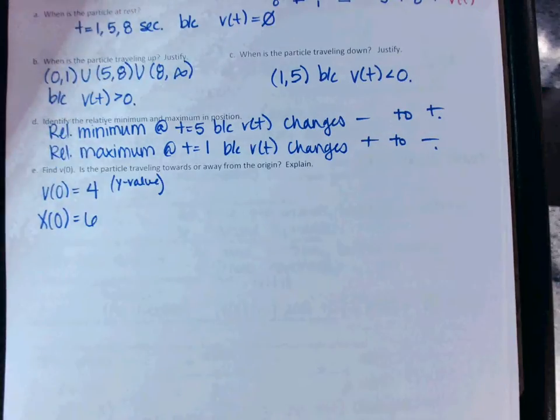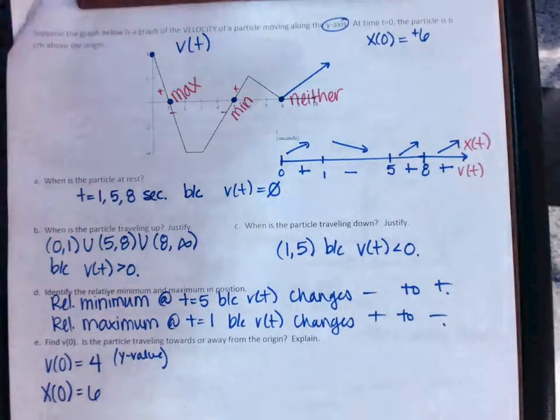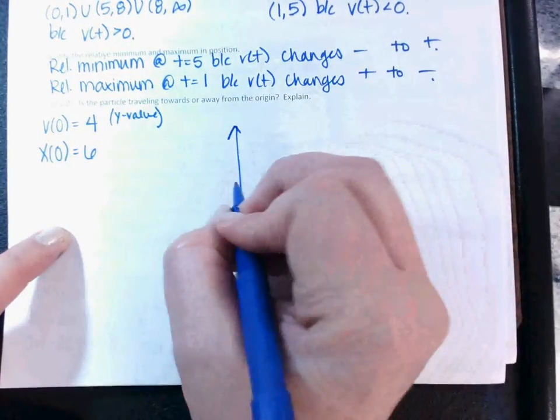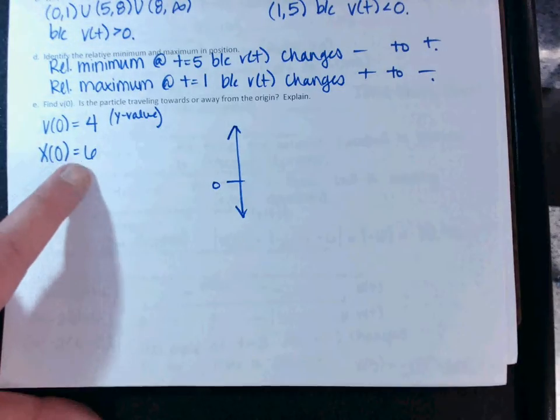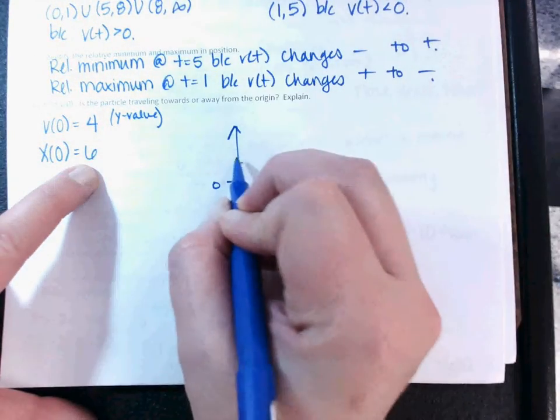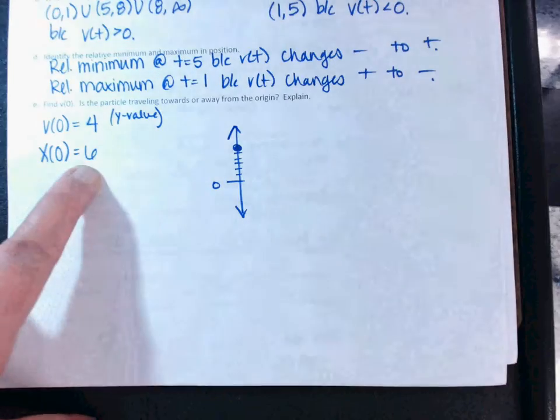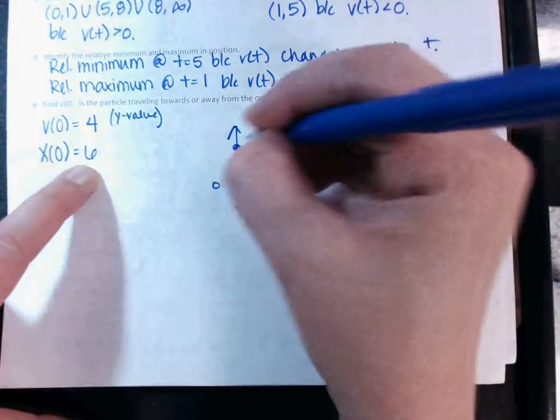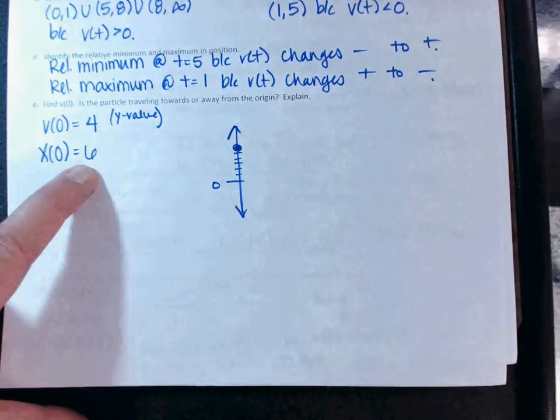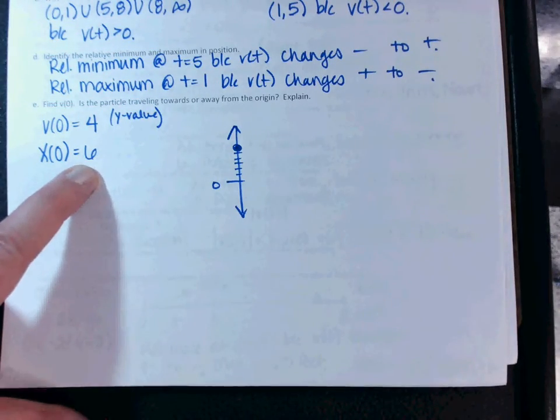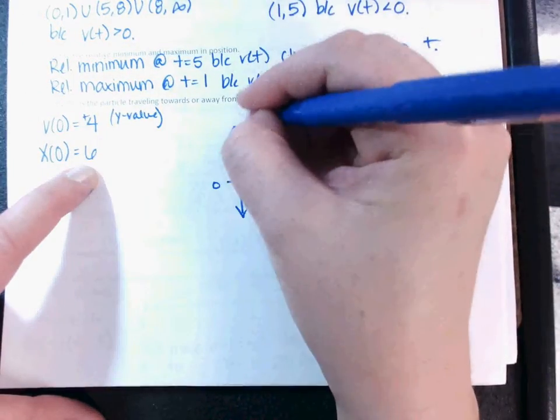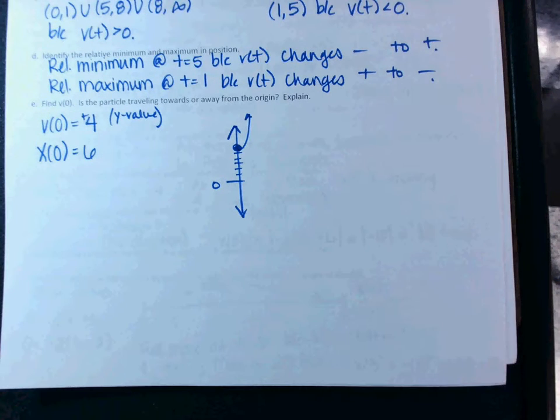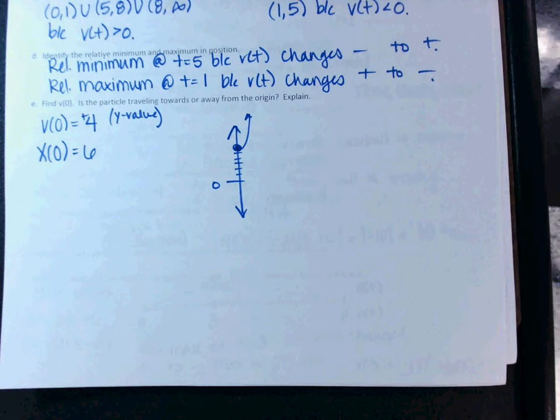Now I'm moving along the y-axis. So let's draw a picture here. So here's my axis. Where do I start at, it says? Position is 6. 1, 2, 3, 4, 5, 6. And then my velocity is 4. Which way am I traveling, up or down? It's a positive 4. That tells me I'm traveling up. If it had been negative, which way would I have been traveling? Down. So if I'm already above and I'm still going up, then am I going towards or away? Away. Very good.